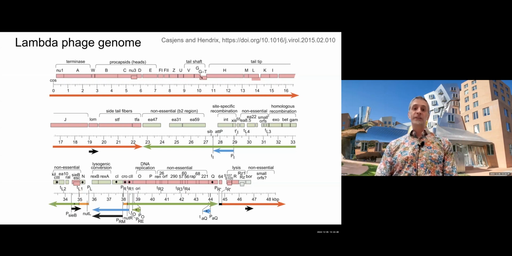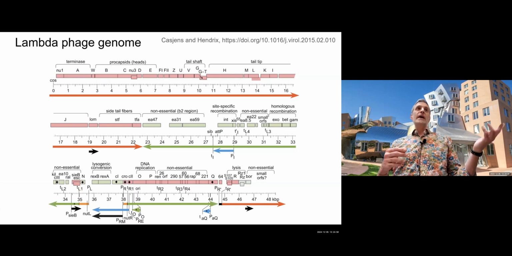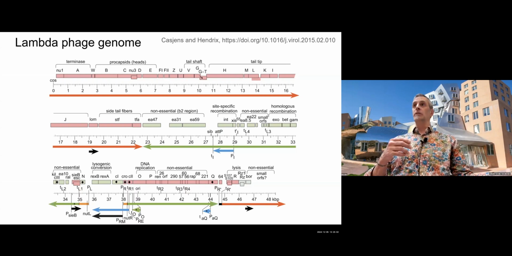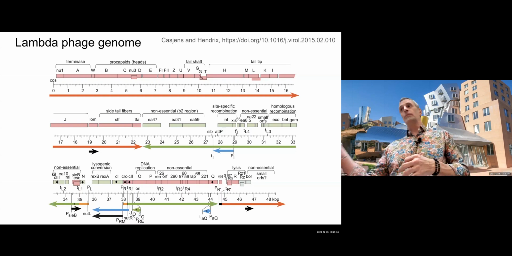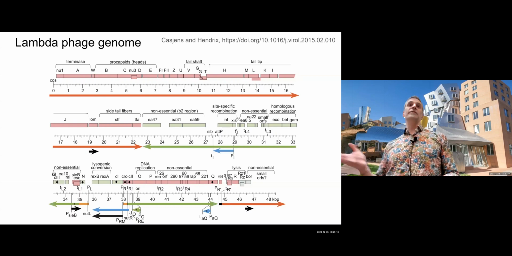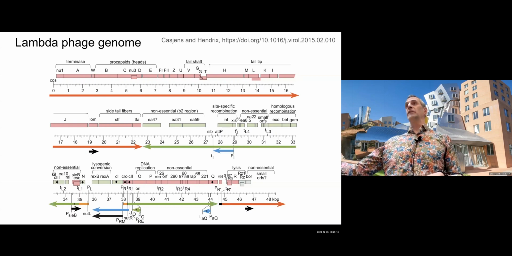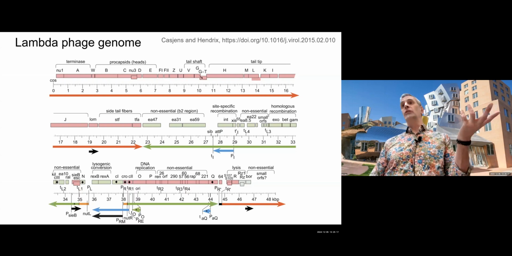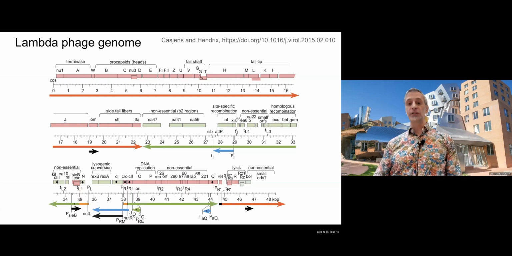So it has to make this decision. And one of the cool things is it can make this decision in a way that's stochastic. So it can sort of pick a random number, and then, if conditions are right, 99% of the time it'll integrate into the genome. 1% of the time it will go the other way. And under slightly different conditions, it can flip and mostly copy itself and lyse the cell, and only very rarely go into the genome.